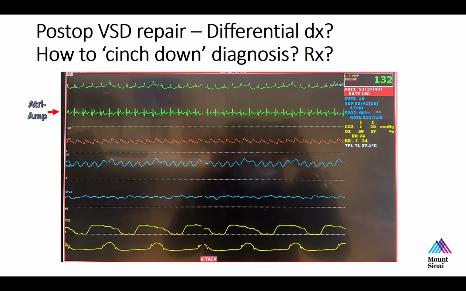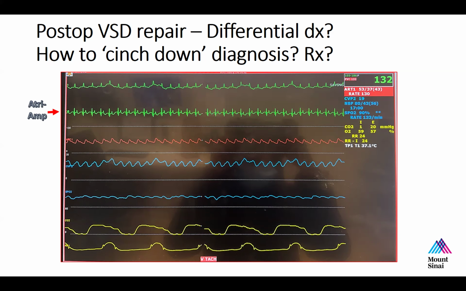Like a bundle branch versus a VT, you mean? Yeah, to differentiate between them. Can you make a distinction between those two? I can definitely measure the duration of the QRS complex. Well, first of all, VT can be coming from anywhere, right?